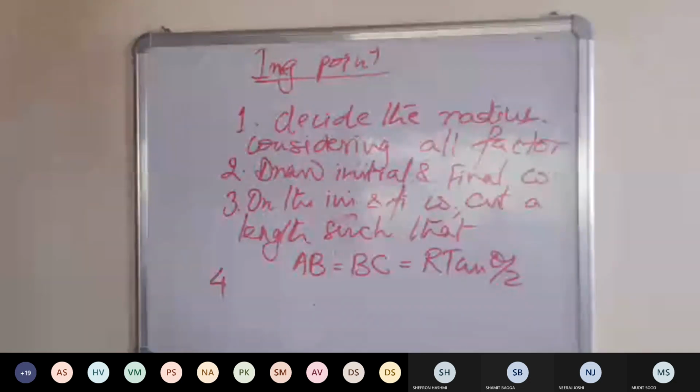नंबर 4 में क्या किया था बताओ? सर इंटरसेक्टिंग पॉइंट से R का रेडियस आर्क लेके इमेजिनरी पॉइंट O को निकाला था. Okay.